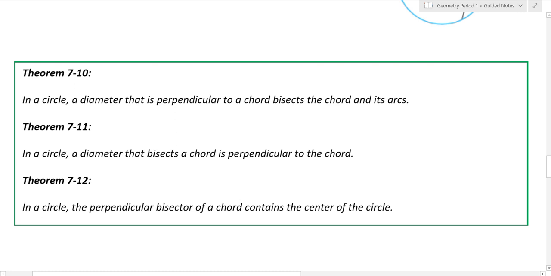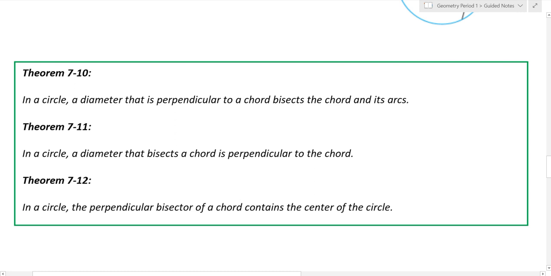In a circle, that's theorem 711. Now it says, in a circle, a diameter that bisects a chord is perpendicular to the chord. And theorem 712 states, in a circle, the perpendicular bisector of a chord contains the center of the circle.